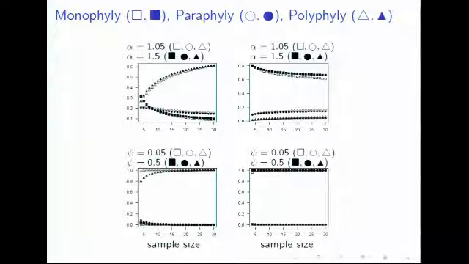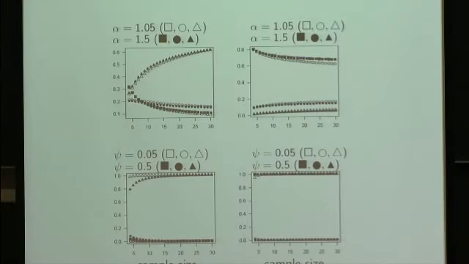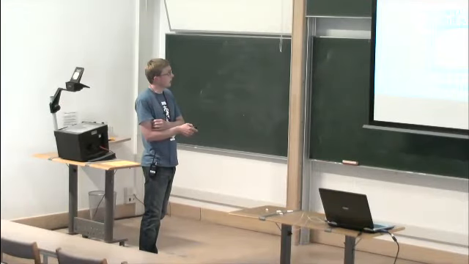Here is just how these probabilities behave as functions of, first, sample size. So there is equal sample size from each population, A and B, and here again there is very little effect of the parameter alpha.